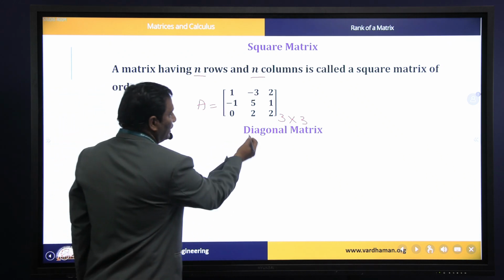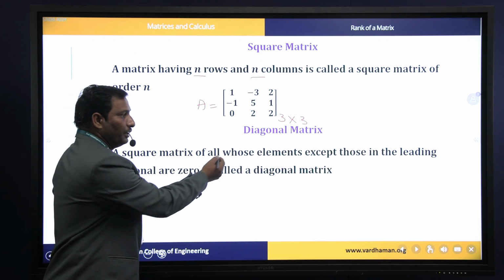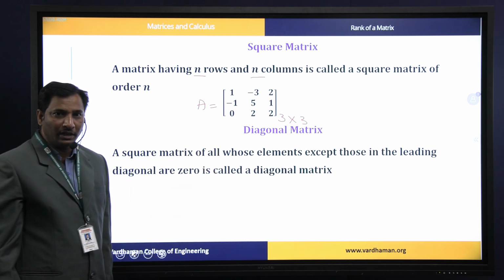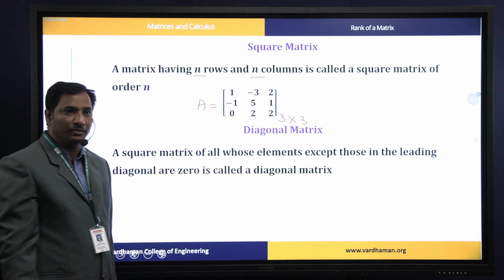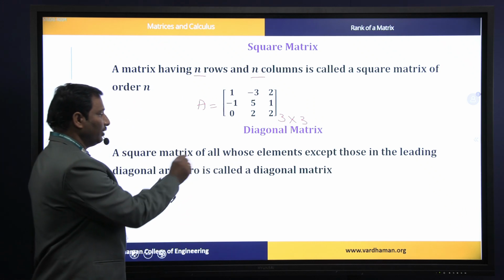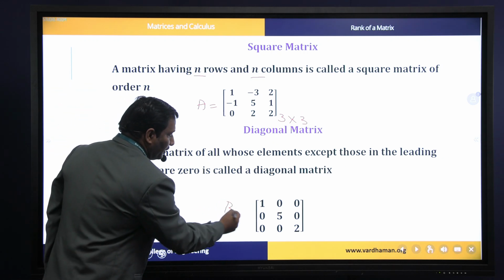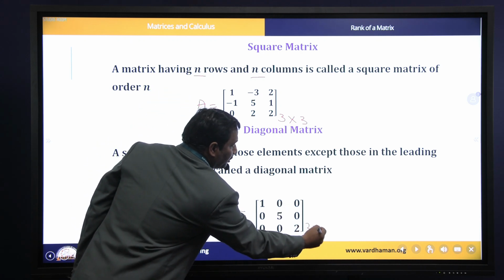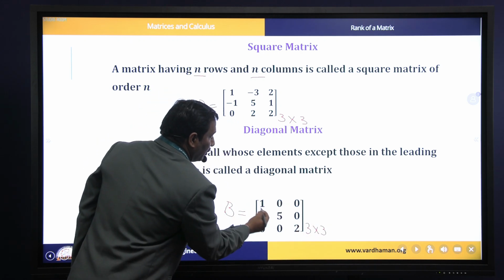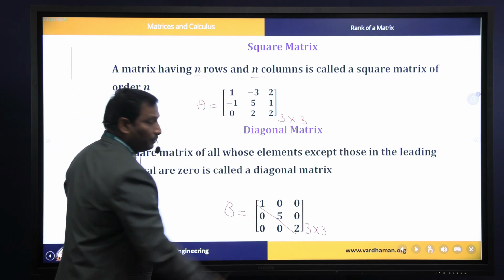Now we'll define what a diagonal matrix is. A matrix in which the diagonal elements are non-zero and all the remaining elements are zeros is said to be a diagonal matrix. For example, consider a matrix B of order 3 by 3, in which all the diagonal elements are non-zero and the remaining elements are zeros.